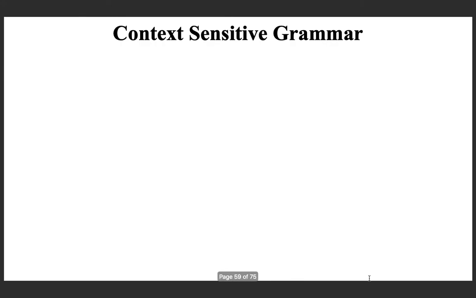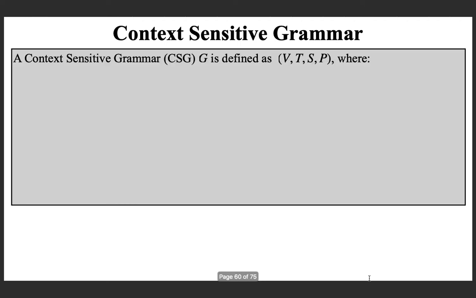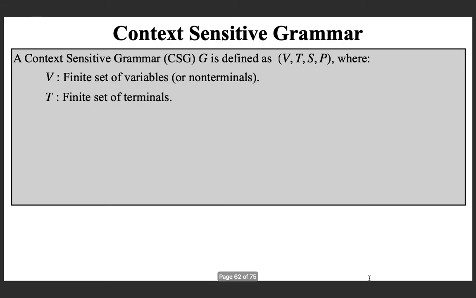now is the time for us to formally define what a context sensitive grammar is. It's a quadruple where V is the finite set of variables or non-terminals, T the finite set of terminals or input alphabet set, and S is a variable called the start symbol.